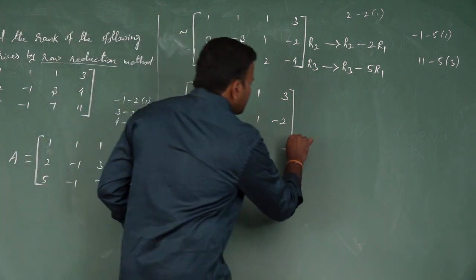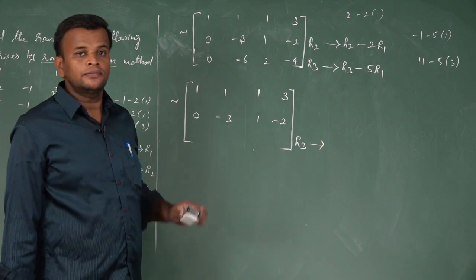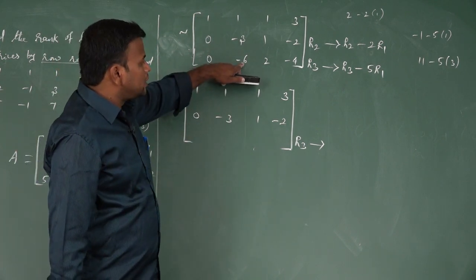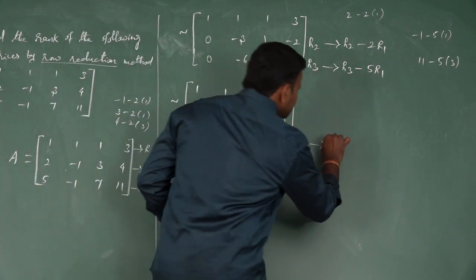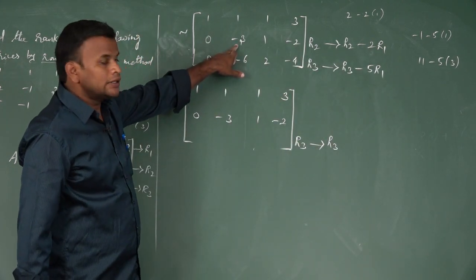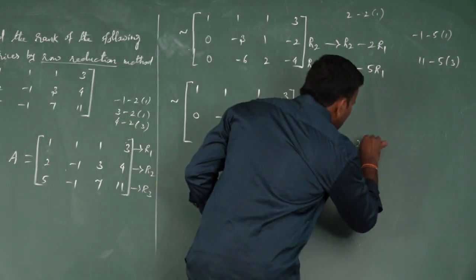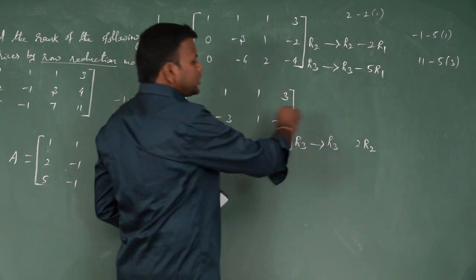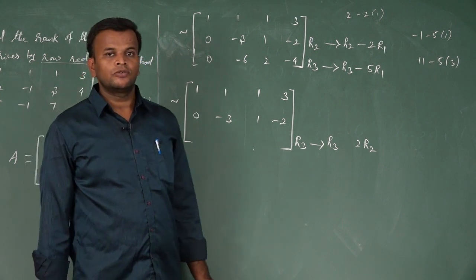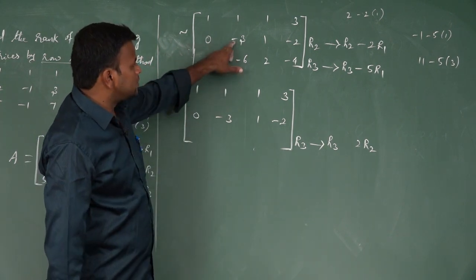So now we write R3 as, the big number lies in the third row, so R3 minus 2 times R2, because 2 threes are 6. When you subtract or add, you see both have the same sign.